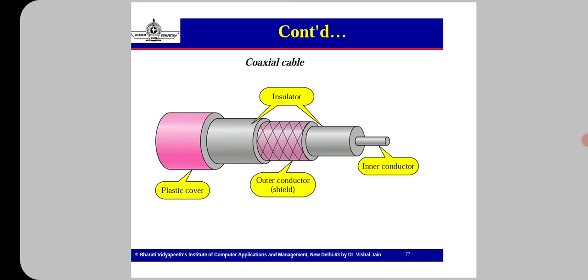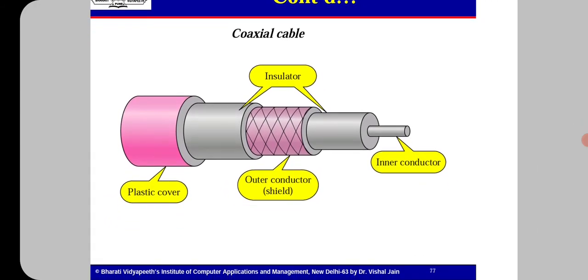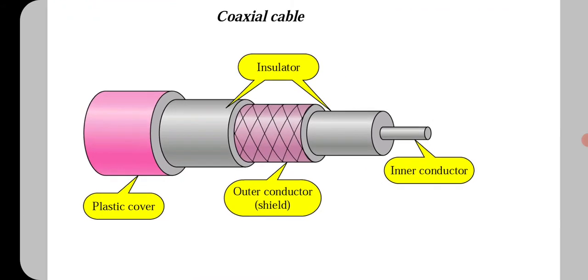The third category of cables or transmission media is called coaxial cable. In coaxial cables, different types of materials are used. In the inner portion we use inner conductors, copper wires, generally insulated with some plastic material, and outer conductors are also used.